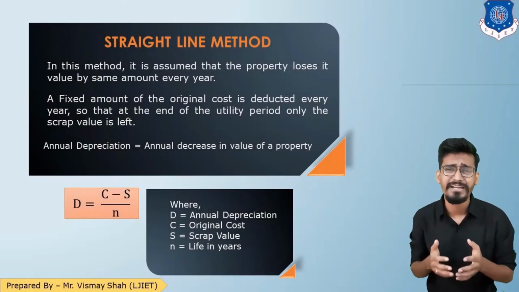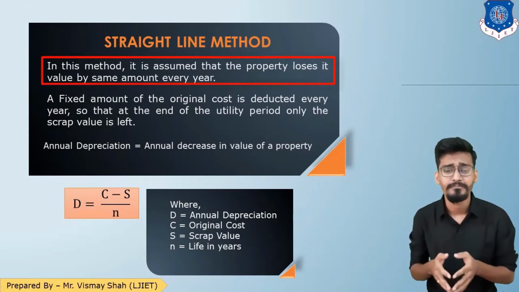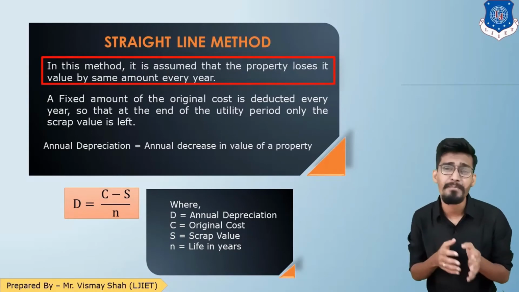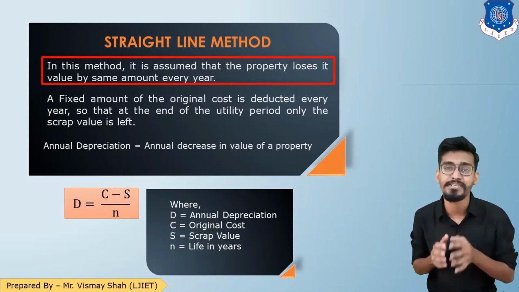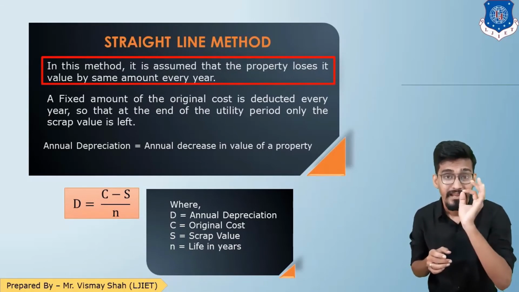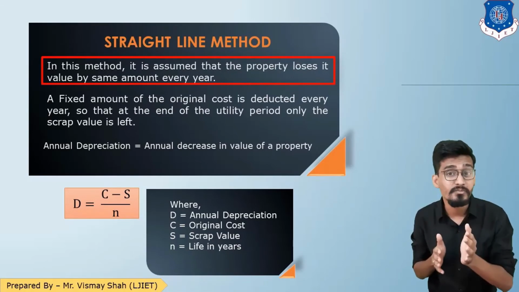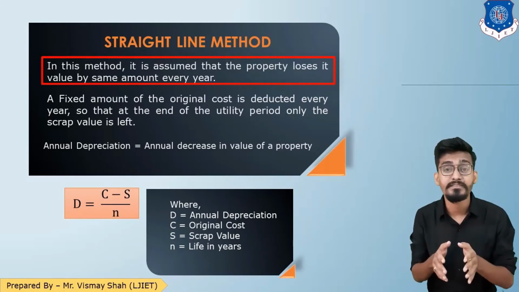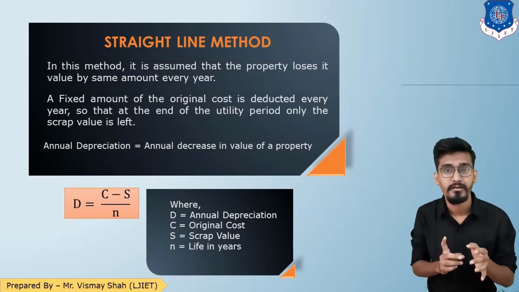In the straight line method, it is assumed that the property loses its value by the same amount every year. Repeat with me: in this method, it is assumed that the value of the property decreases by the same amount every year.